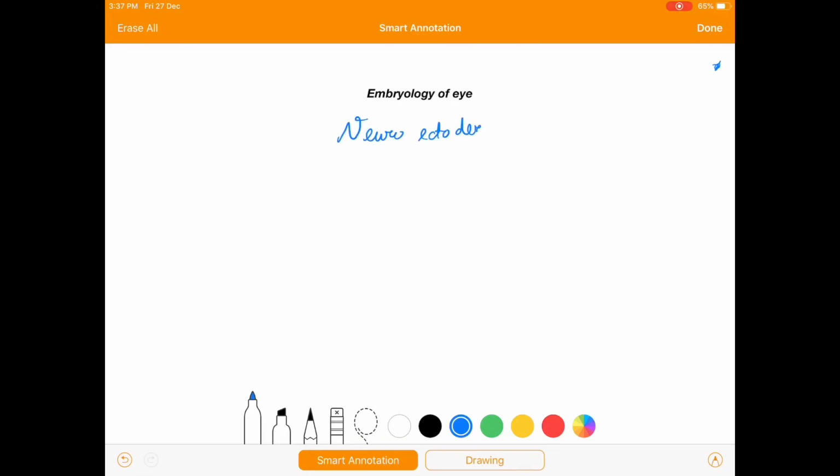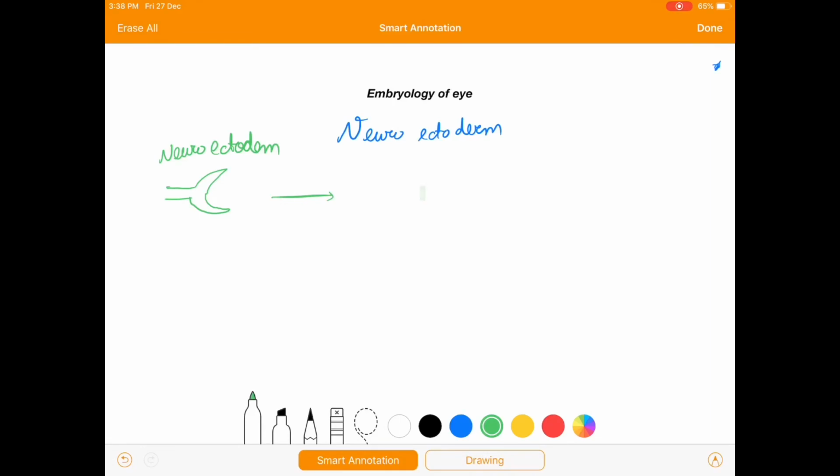Now let us see the derivatives of neuroectoderm. Okay. So after learning about the derivatives from surface ectoderm, we are left with this cup-like structure, and this is neuroectoderm.